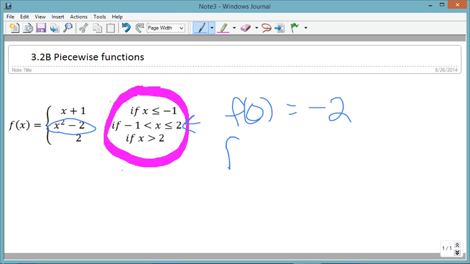If x is -1/2, that would fit in between -1 and 2. So I would plug it into the second equation. So -1/2 squared would be +1/4 minus 2, so that would be -1 3/4. Okay?